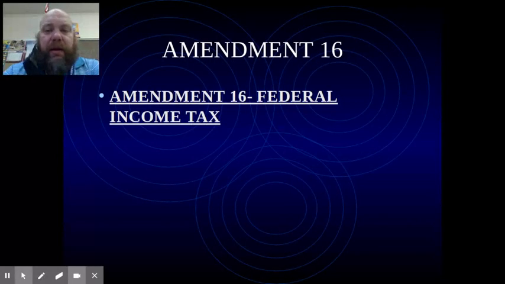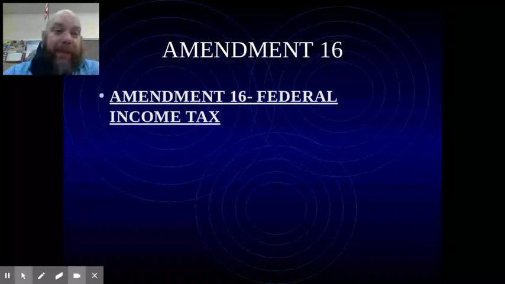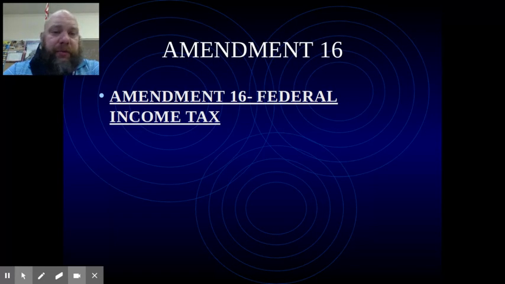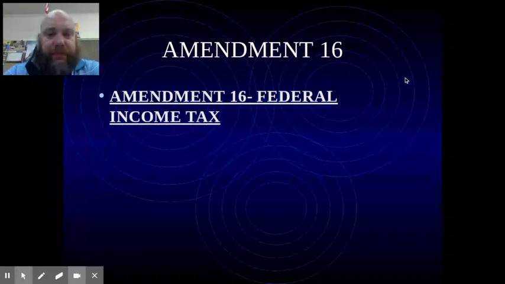The 16th Amendment was passed in 1913, off the top of my head. That gave the federal government the right to tax. Again, I'm not posting these. This is on the Article 2 slideshow, which will be posted tomorrow, so you're going to need to write these down from this video.